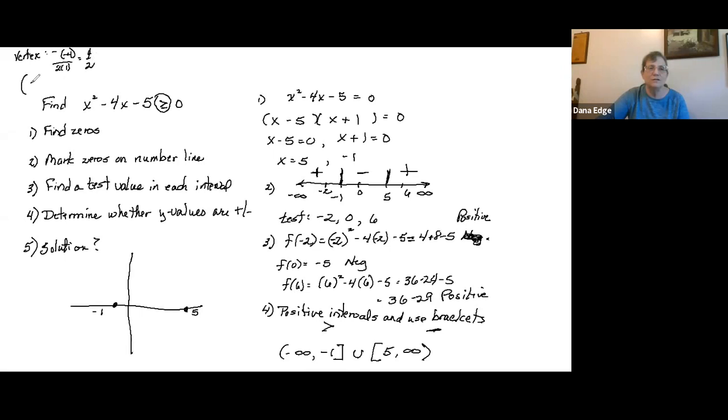So the vertex is going to be at the point 2, 4 minus 8 minus 5, which would be 4 minus 13, is -9. So the vertex, this is not necessary, this is just added information. The vertex would be down here at the point 2, -9.